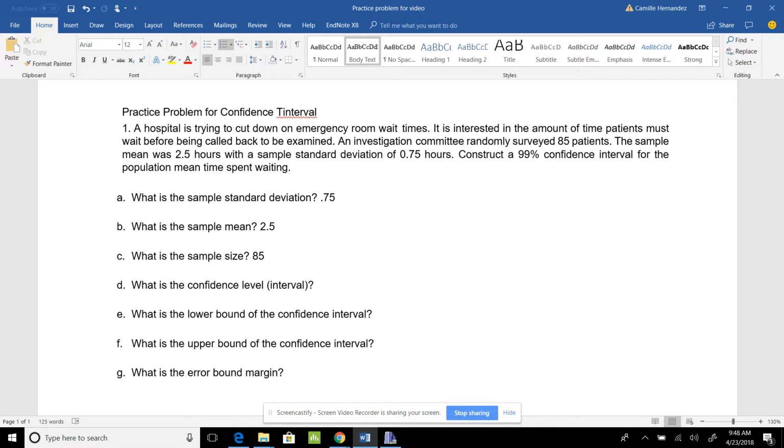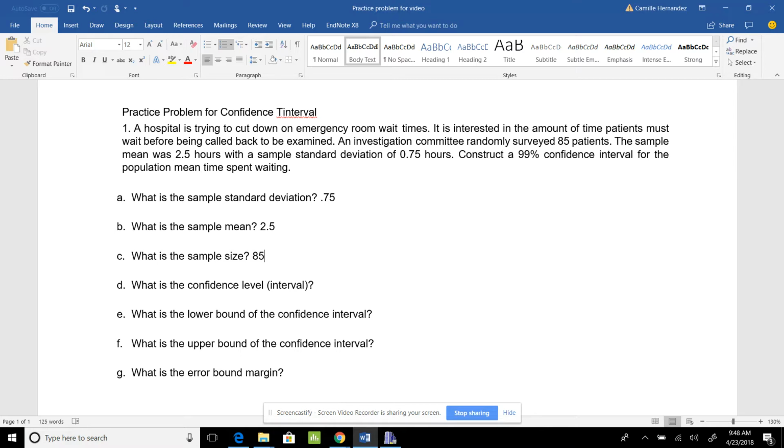Sometimes they just give you a set of data, and from that set of data, you can get the sample standard deviation, the sample mean, and the sample size. Remember when you handled quantitative data back in Unit 1 and 2, you can put it in your calculator and get this information. The calculator does it for you, and so does the website.